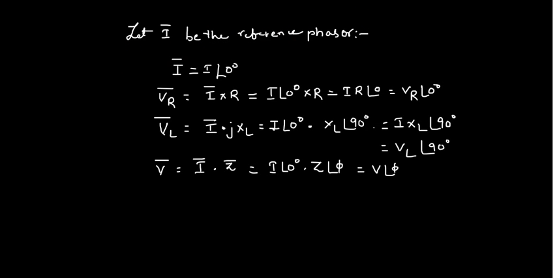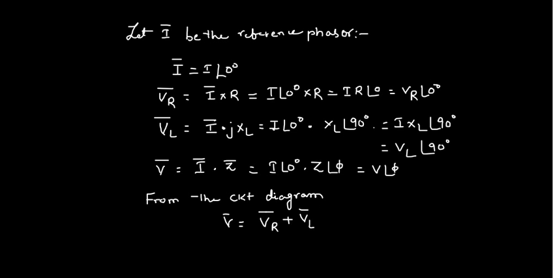From the circuit diagram, we can write that V bar equals VR plus VL.